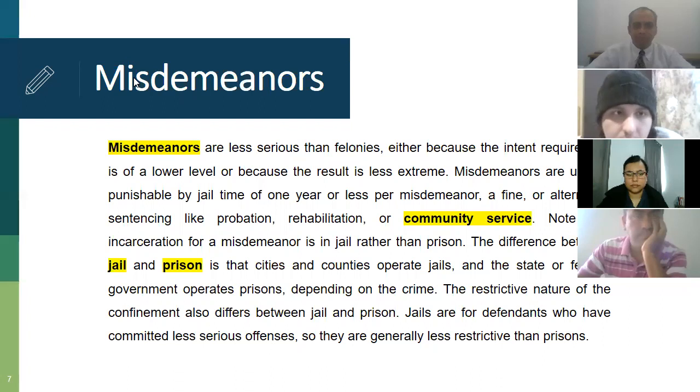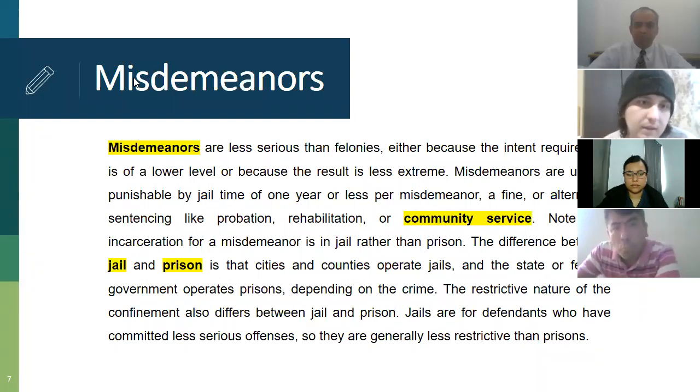Misdemeanors are usually punishable by jail time of 1 year or less per misdemeanor, a fine, or alternative sentencing like probation, rehabilitation, or community service. Note that incarceration for a misdemeanor is in a jail rather than prison.